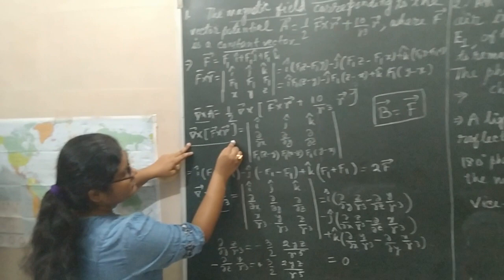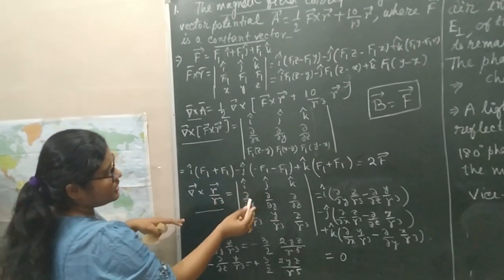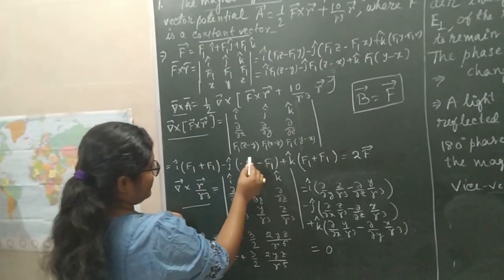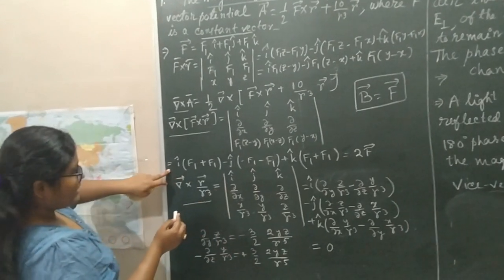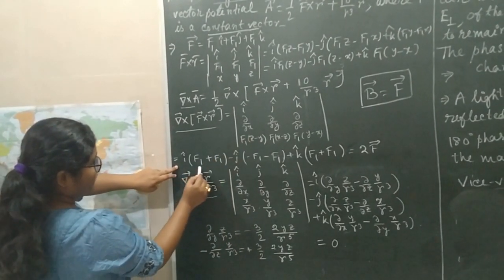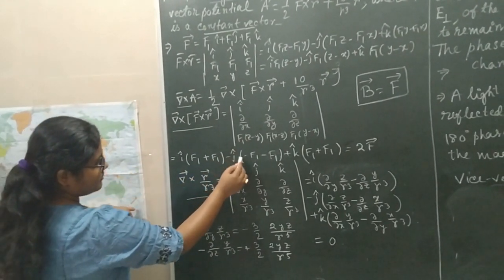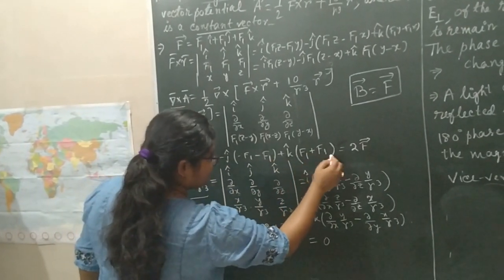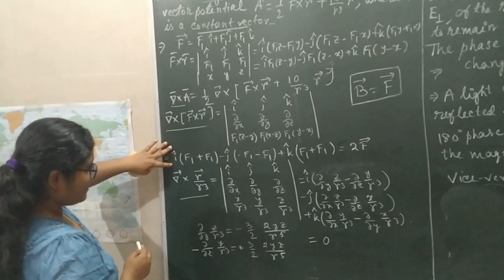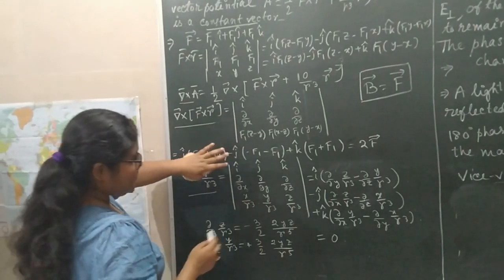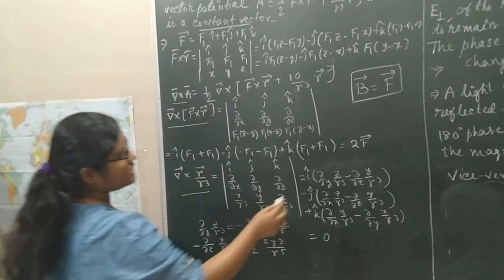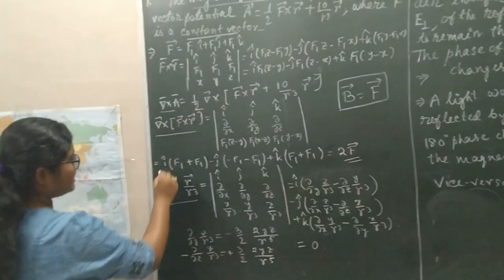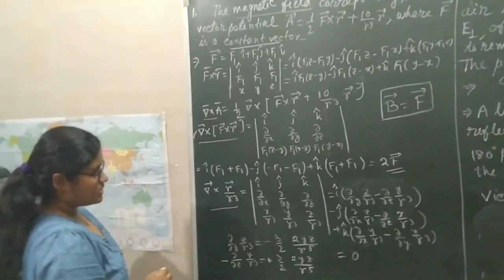So curl of F cross R becomes I cap into F1 plus F1, minus j cap into minus F1 plus F1, plus k cap into F1 plus F1. That is 2 F1 I cap plus 2 F1 j cap plus 2 F1 k cap. That is 2 into F vector, which I get as curl of F cross R.